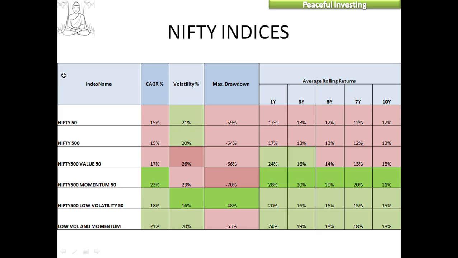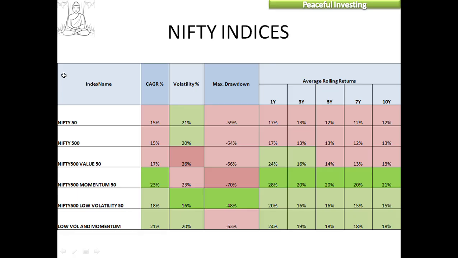If we look at the CAGR return during this period of 20 years or so, Nifty 50 has given around 15% per annum CAGR return with a volatility of 21%. During this period, there was a maximum drawdown of minus 59%.